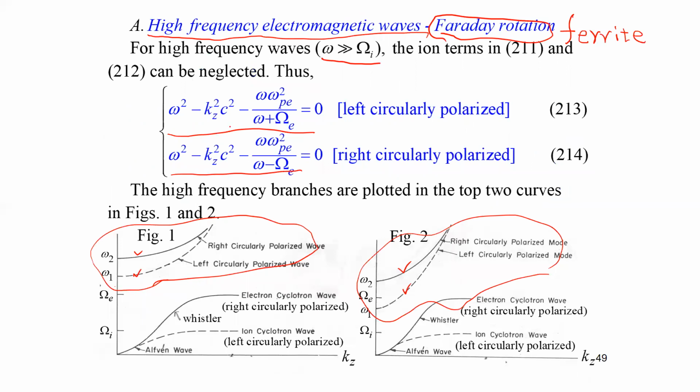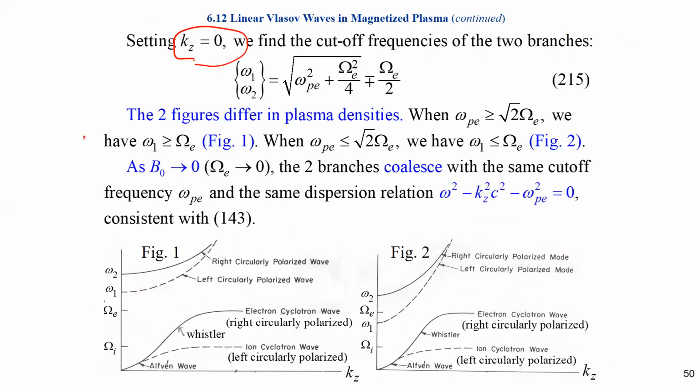Kz equals 0, we have cancellation. So we have omega times omega plus omega E, omega times omega minus omega E. That's a second order polynomial, so two roots, two solutions, minus and plus omega E.